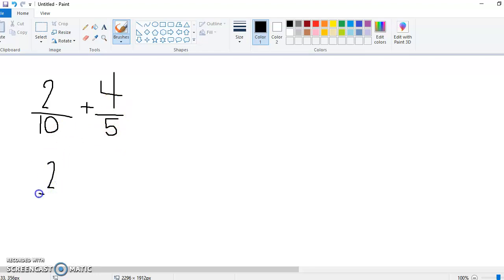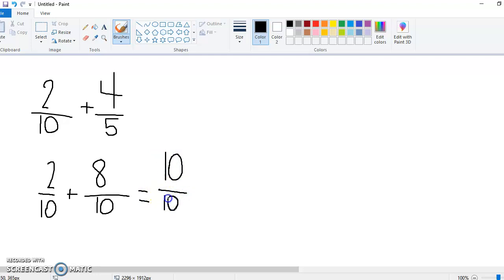So I'm going to keep my 2/10 as being 2/10. Then here I need to multiply 5 by 2 to get me to 10. Anything I do to my denominator, I have to do to my numerator. So 4 times 2 then is 8, which would get me, 2 plus 8 is 10. I don't add my denominators. That's 10 out of 10, or 10/10 rather. I can simplify that into the whole number 1.